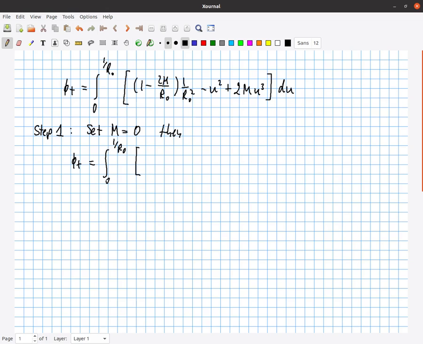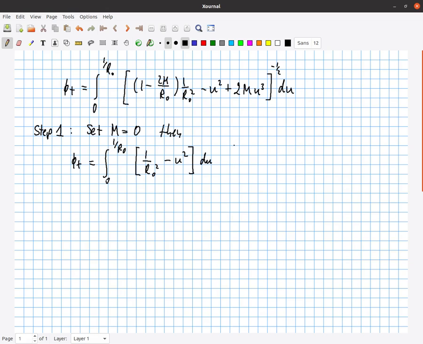This here is 0 to m over r if we set m to 0, which means we are left with 1 over r squared. By the way, there is a minus 1/2 missing up here, which might also be missing on the last line of the previous lecture notes, but we definitely carried this throughout most of the calculations. So there's the square root there, minus u squared.